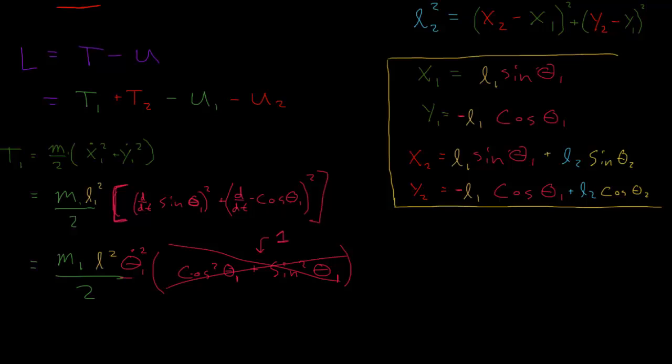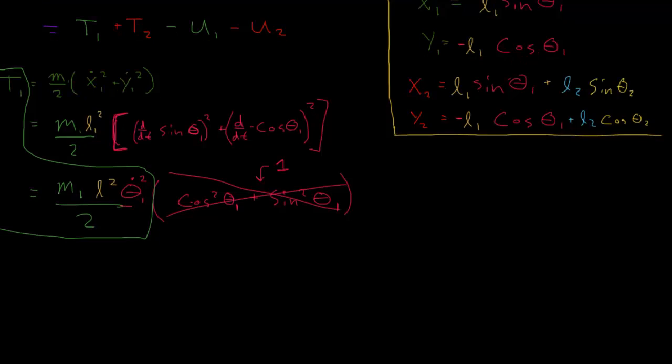So there's T1. I'll put it in a box here. This is T1. So don't forget that. And now let's look at T2. T2 will end up being our most complicated looking piece of this Lagrangian.